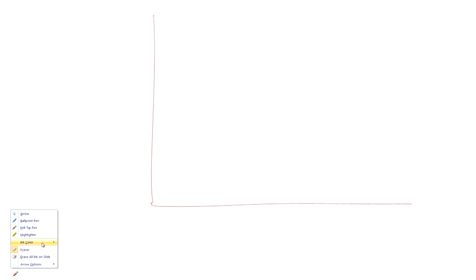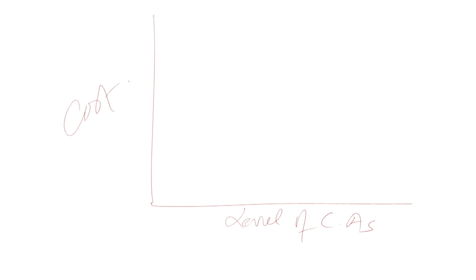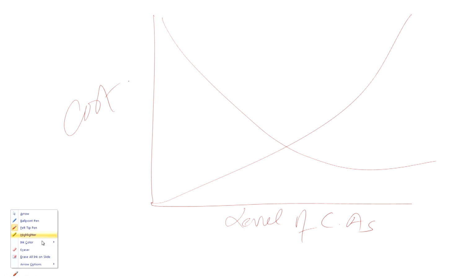On the x axis you take the level of current assets, and here we take the cost. Now if you see, this curve is called the cost of liquidity, which will go like this, and this will be called the cost of illiquidity.